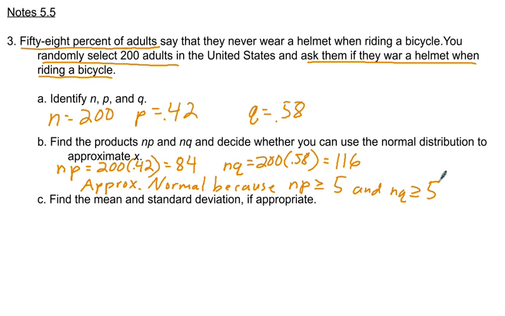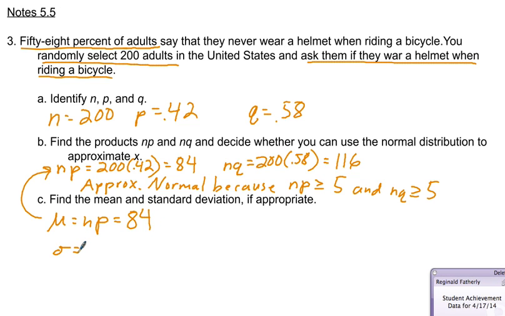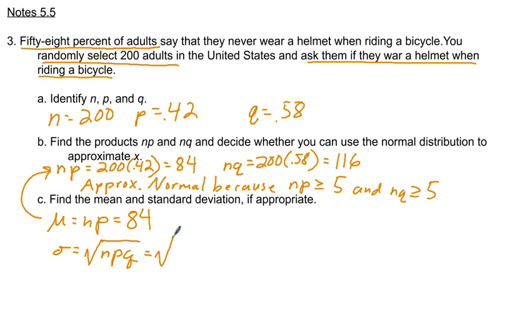So finally, since it is approximately normal, we can find the mean and the standard deviation. Our formula for the mean, again, is N times P. We already did that calculation, so we know that equals 84. And the standard deviation is the square root of N times P times Q. So we have the square root of 200 times 0.42 times 0.58, which is 48.72.